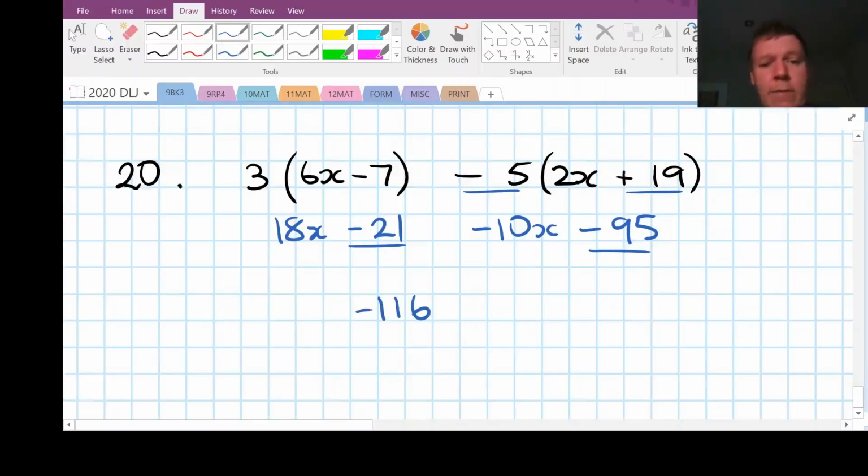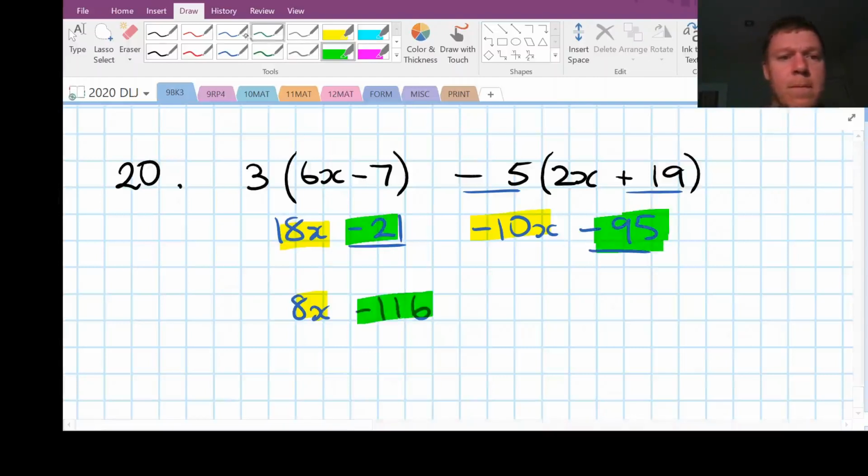But it's a negative 116. And then 18x minus 10x leaves us with 8x. So our final answer is 8x minus 116. Okay, hopefully that helps you out with getting that exercise done.